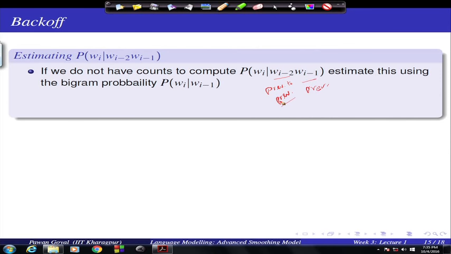If I do not have counts for wi minus 2, wi minus 1, wi, suppose this is 0, then I use the probability of wi given wi minus 1. Now suppose the count of wi minus 1, wi is also 0, then you go to the probability of wi.